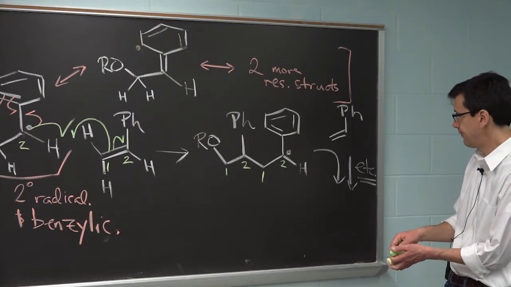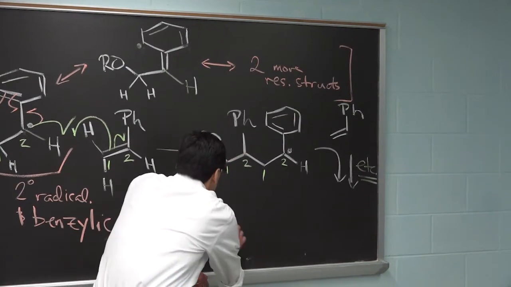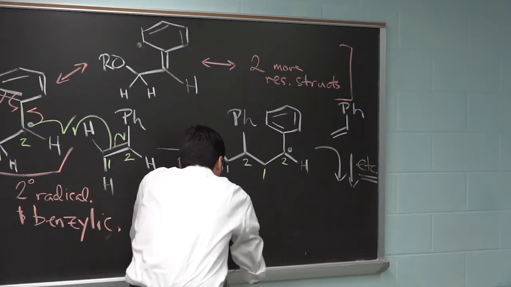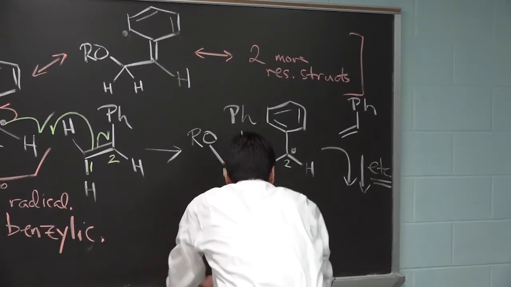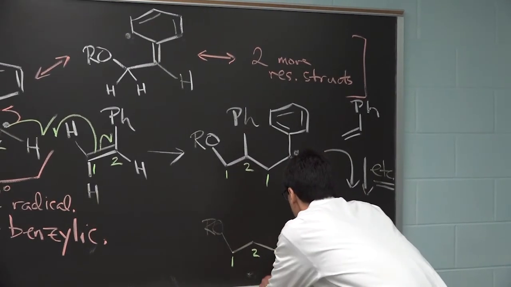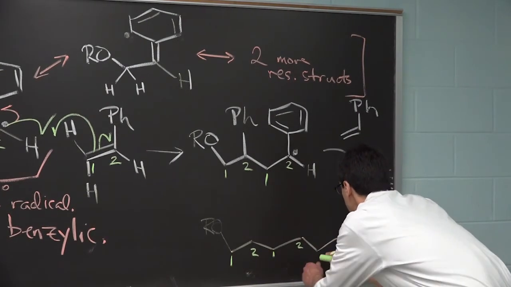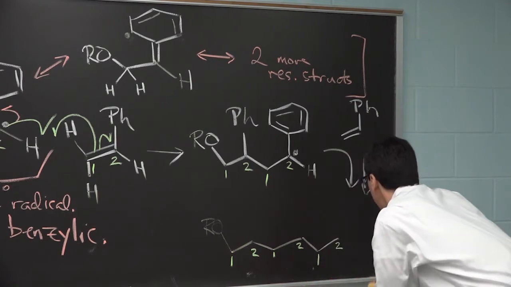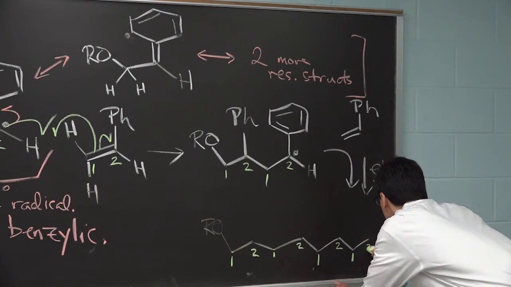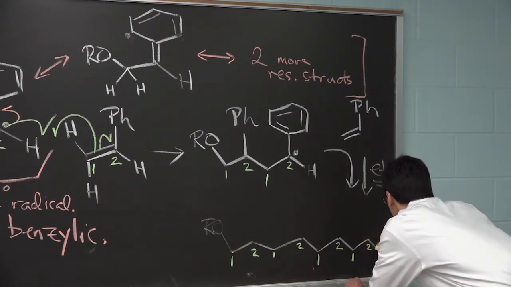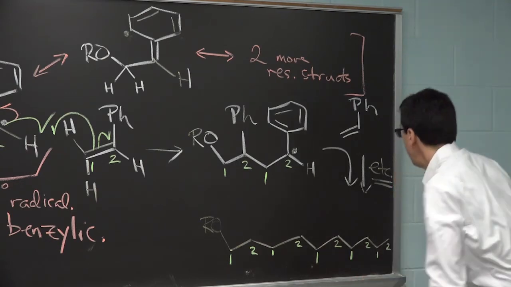Can you draw that? Well, down here you would have 1, 2, and then 1, 2, that's the second unit. Then 1, 2, that's the third. I'm going to have to squeeze it in here. 1, 2, that's the fourth. 1, 2, that's the fifth.